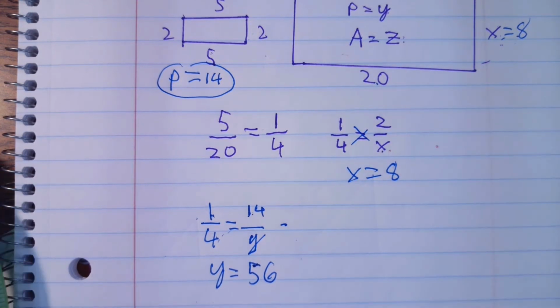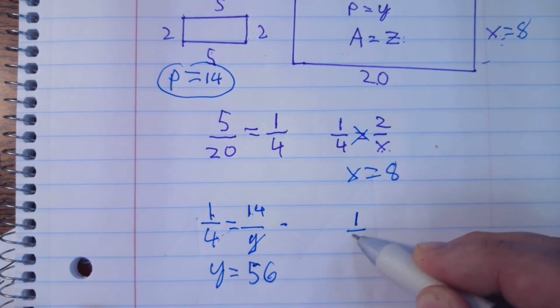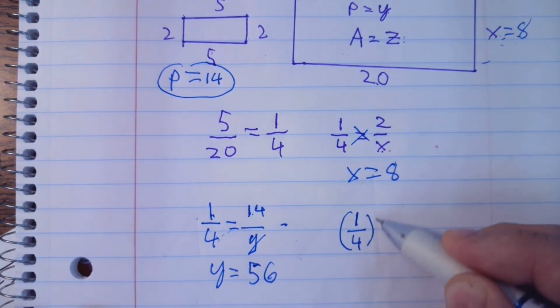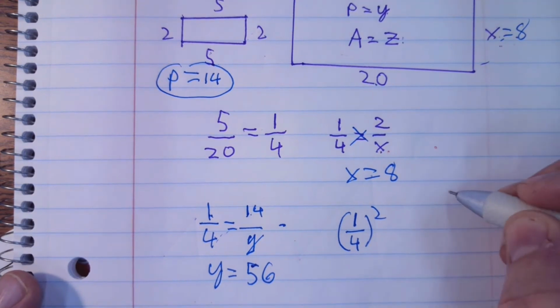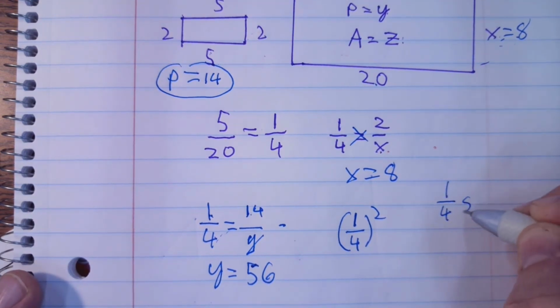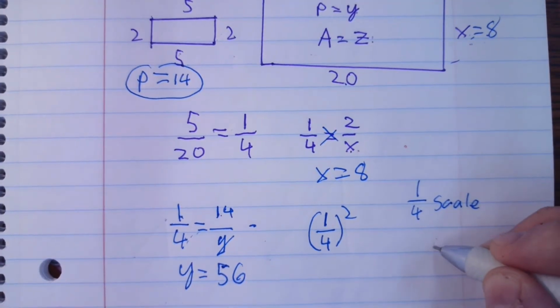Area is the hard one. The area theorem, what are you supposed to do to your sides? You're supposed to square them, right? So here's what I do instead. I'm going to take this scale factor, and I'm going to square the scale factor. Basically your scale factor is 1/4, and I'm going to have the area factor.